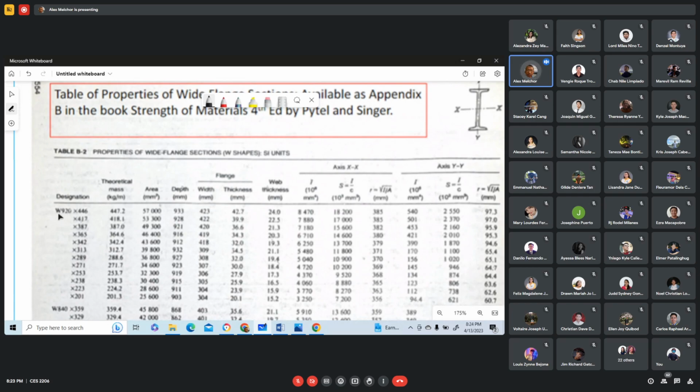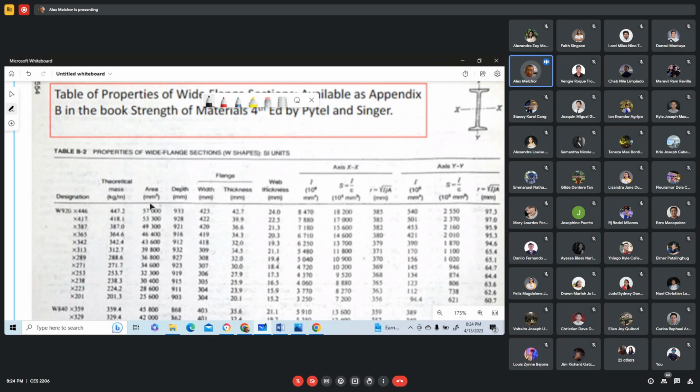But the designation is only W920 by 446. Now, this second number refers to the mass per unit length. This is 446 kilograms per meter. And this is just a designation, and the actual theoretical mass is given here, 447.2 kilograms per meter. So this refers to the depth, and this refers to the mass per linear meter.